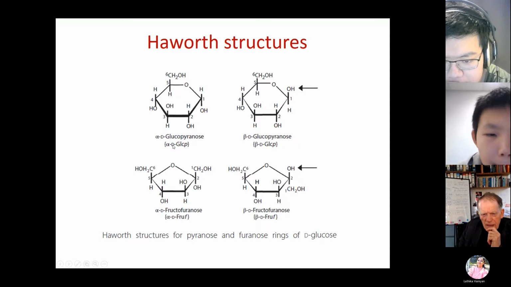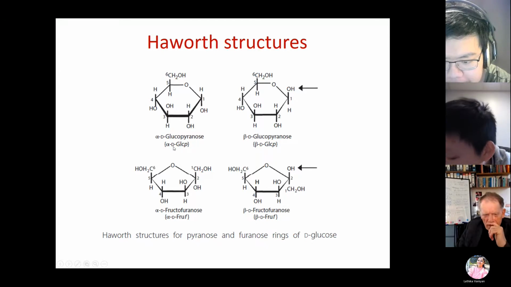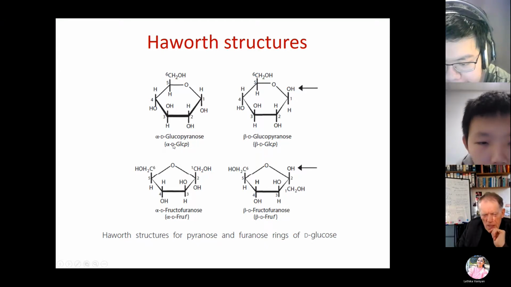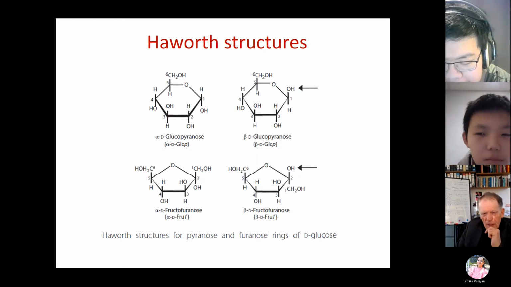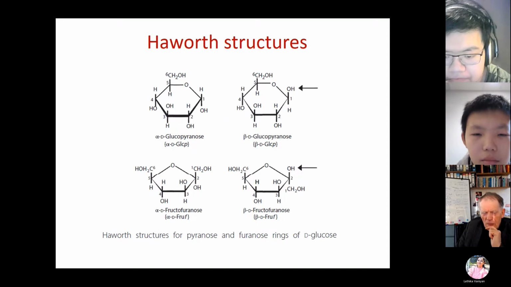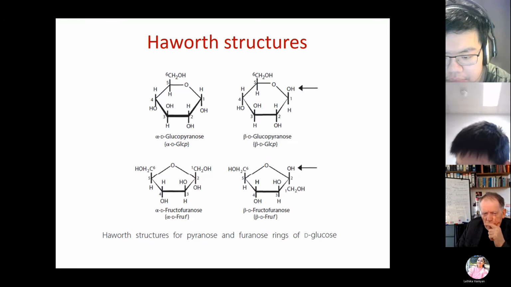The D, dextro, represents the way it rotates the plane of polarized light. So D and L-glucose are mirror images of each other; I haven't shown L-glucose here, but you'll see that in the Phelps video in a short while.